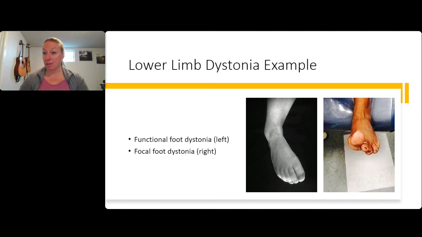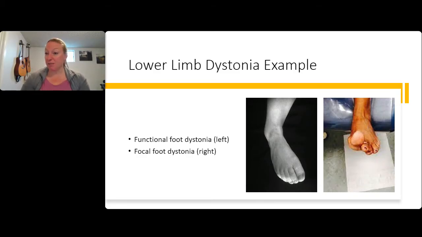And then these are some of the things we might see if someone has a foot or lower limb dystonia, which can be very common with someone who's been diagnosed with Parkinson's and is on L-DOPA therapy. So we can start to see plantar flexion, inversion, some toe curling, or just the main toe, the second toe, in the foot, especially when we have them weight bear and stand, or if I really challenge their balance.